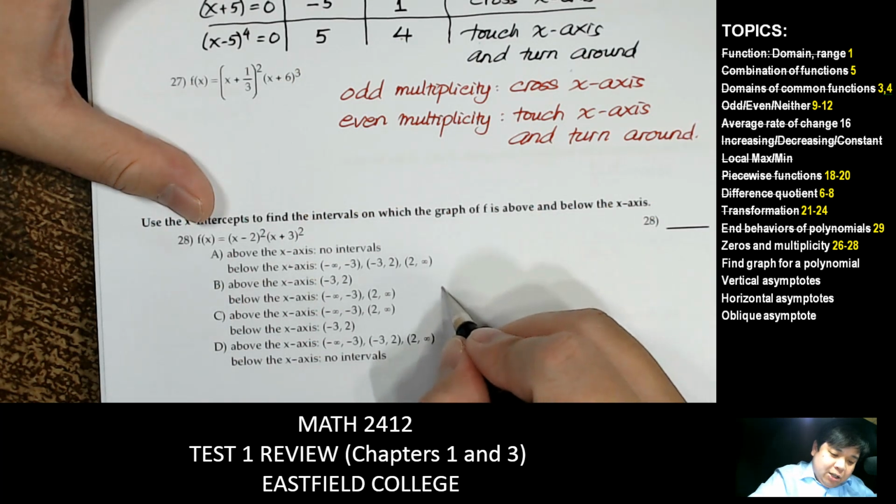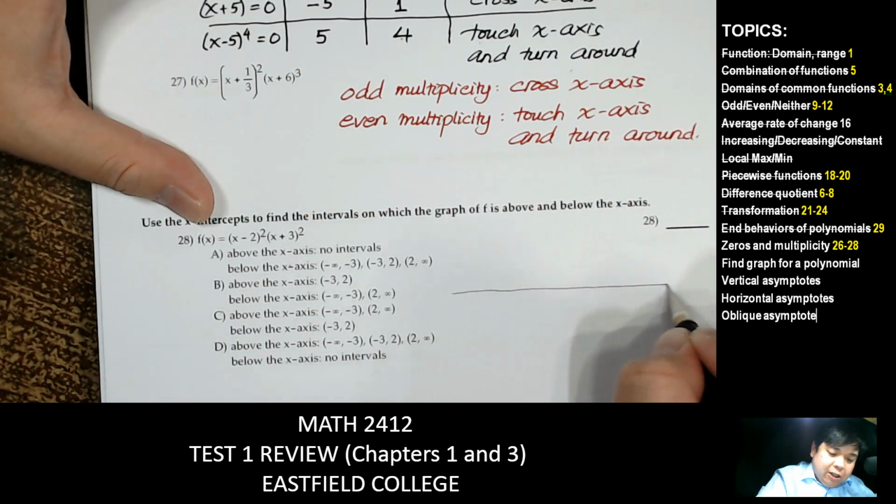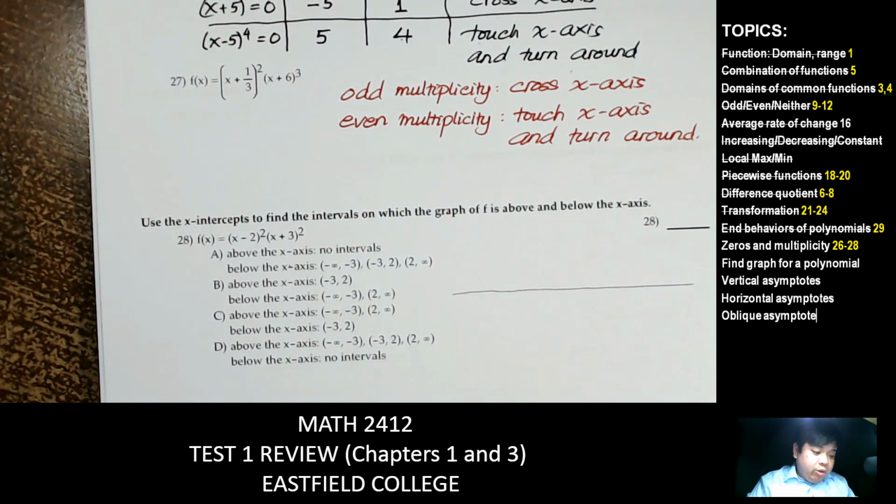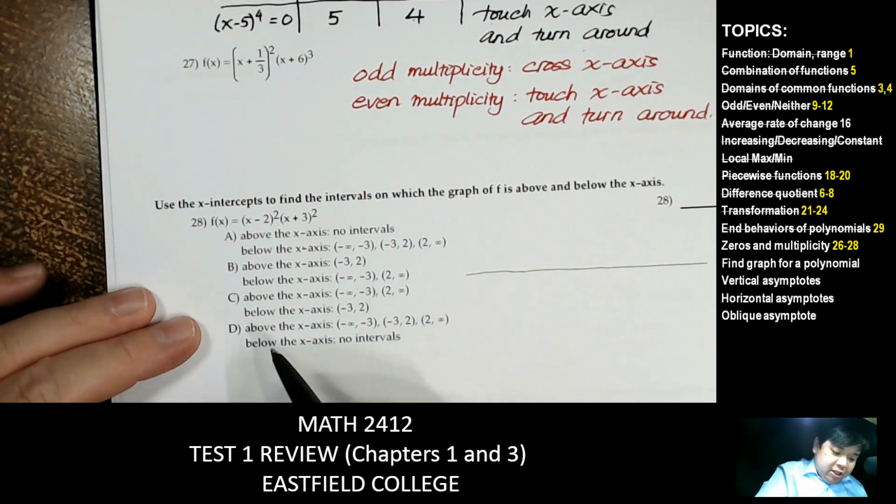So let's say we need to do a few things here. The two things we just did, the zero and multiplicity.